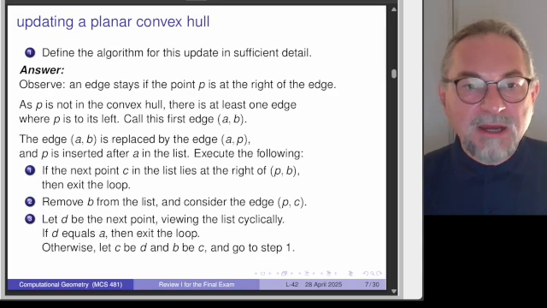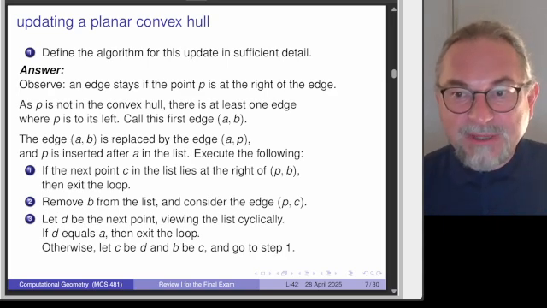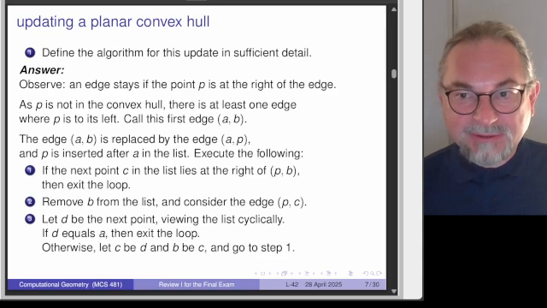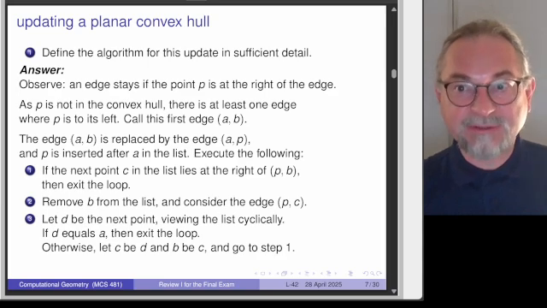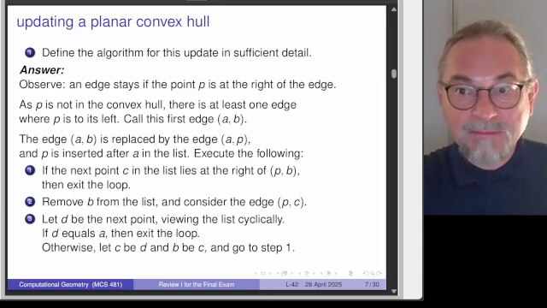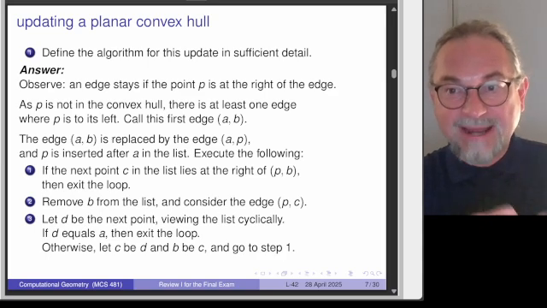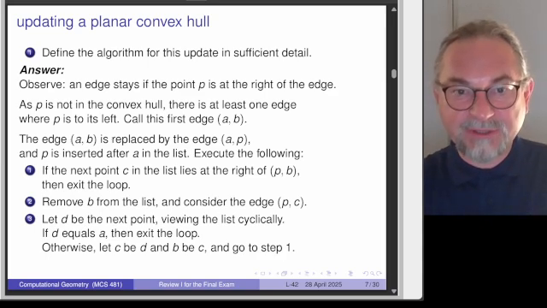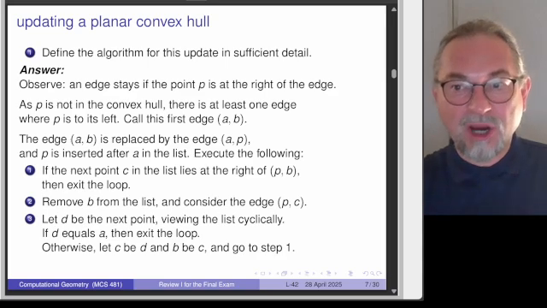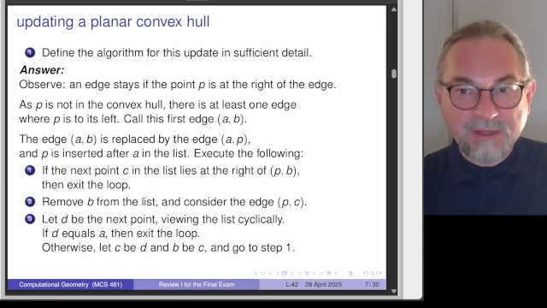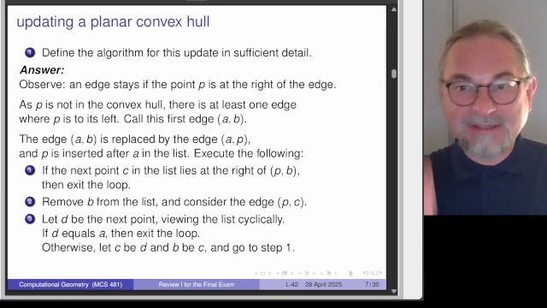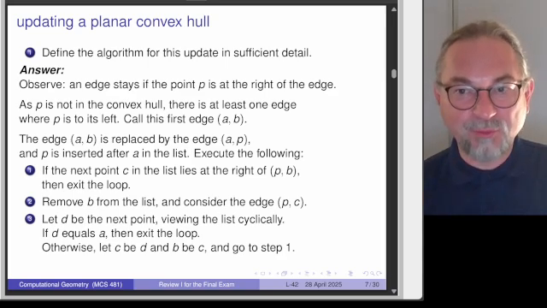Okay, if we think about the convex hull, we are given a list of ordered points, but actually what we see are these arrows, these vectors, and they are ordered clockwise. So these edges also represent lines that cut the plane in two.